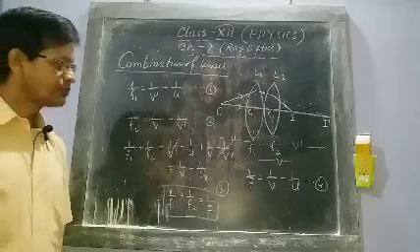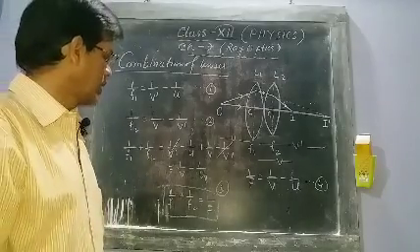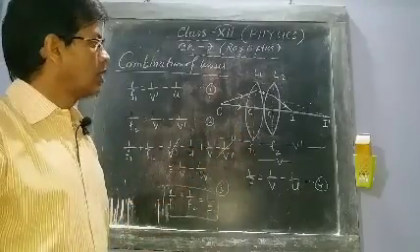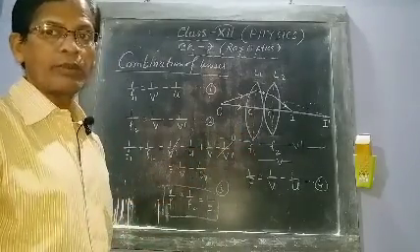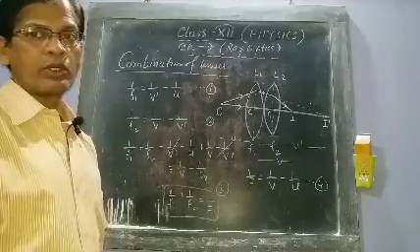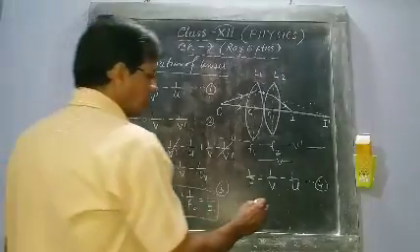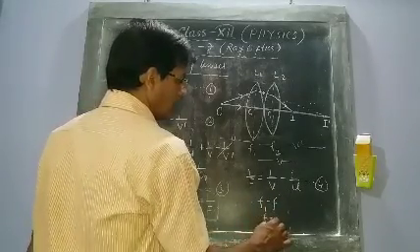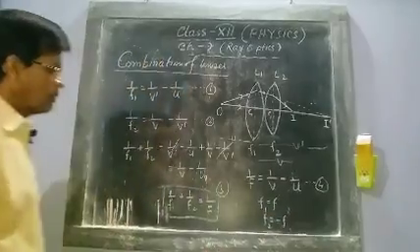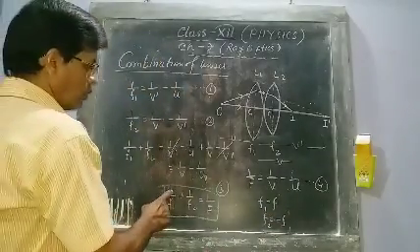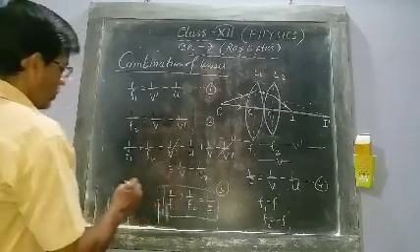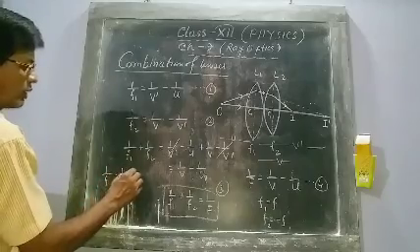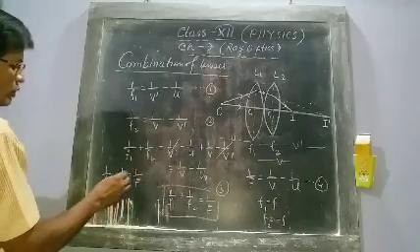Now you see, if one lens is concave and the other is convex, say f1 equal to f and f2 equal to minus f, then what we will get? 1 by f minus 1 by f equal to 1 by F. So this is 0.